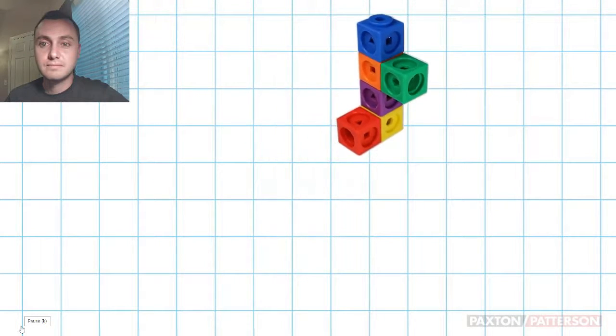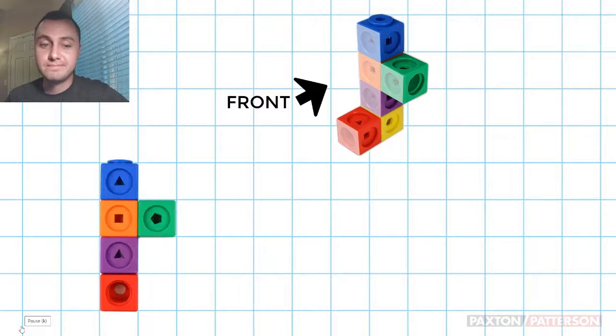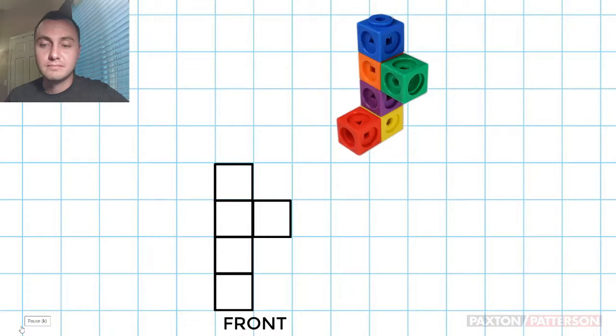From this perspective, here is the front of the object. It looks like this. For the front view, I'll draw 4 blocks up and the green block on the side. Next, I'll draw the right side view.